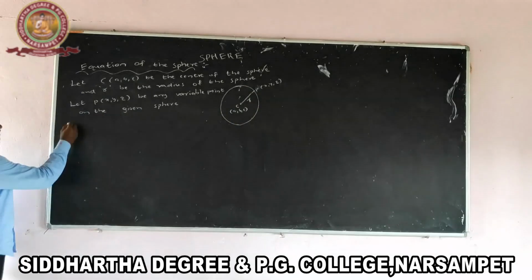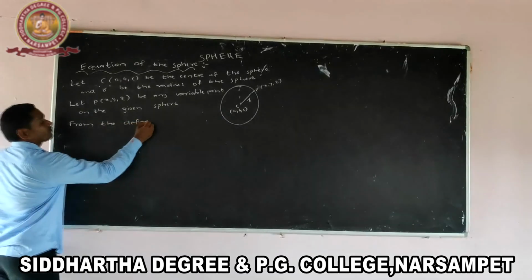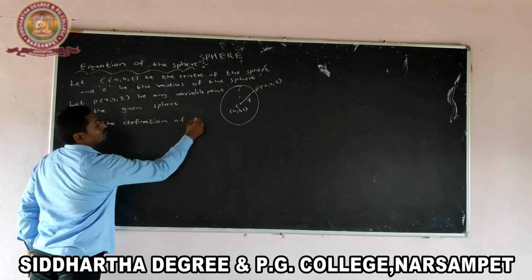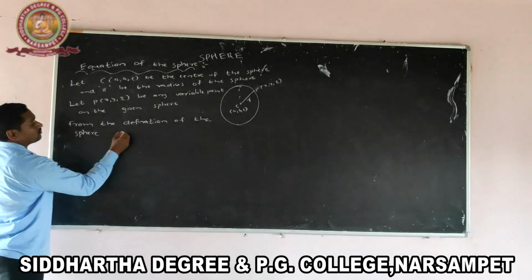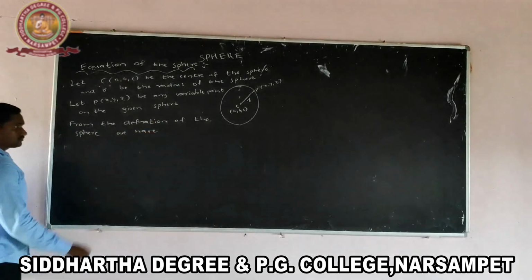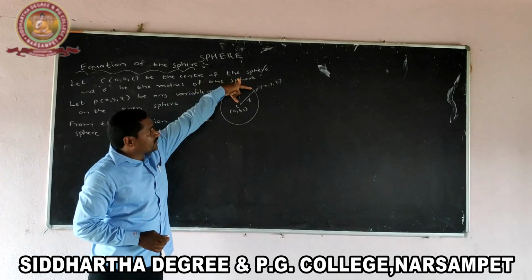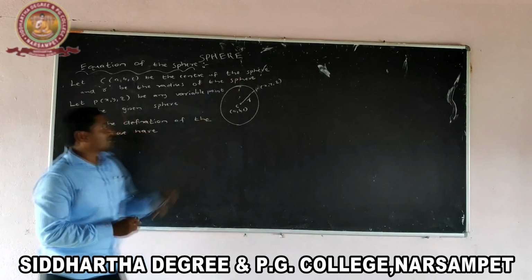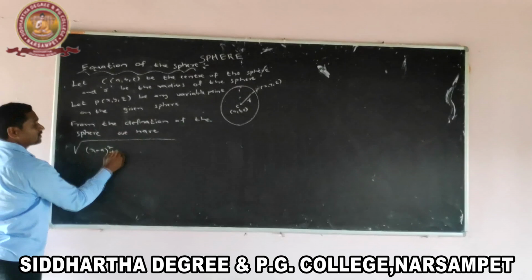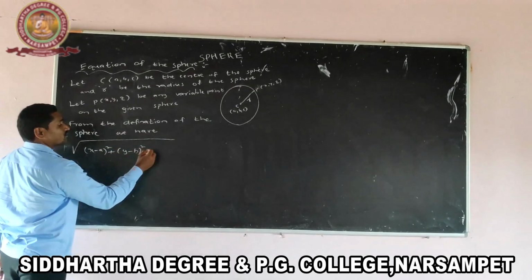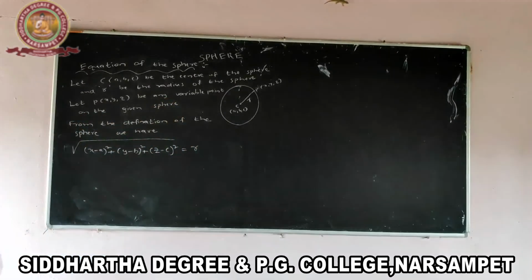From the definition of the sphere, we have the distance between these two points, which is the square root of (x minus a) whole square plus (y minus b) whole square plus (z minus c) whole square, equal to the radius of the sphere.